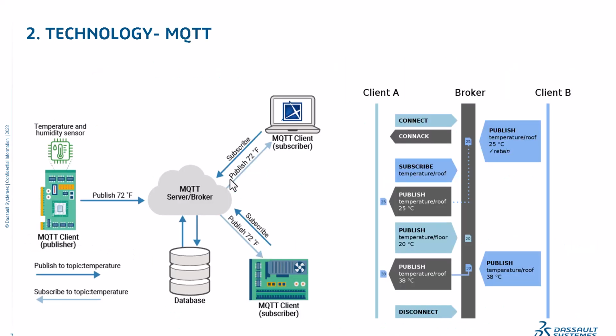Last but not least, how MQTT works. This is a very simple, lightweight protocol to communicate. As you can see, hardware and software can publish to topics. They select the server, then select the topic, and they publish to that topic.